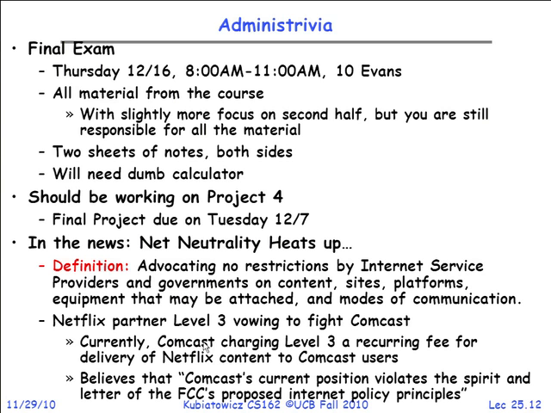And so Level 3 has been filing with the FCC, and here was a quote: they believe that Comcast's current position violates the spirit and letter of the FCC's proposed internet policy principles. Since 2005, there have actually been a lot of interesting laws passed that are basically talking about what is net neutrality. Should you be able to put any equipment on there that you want? Should you be able to get any content you want?